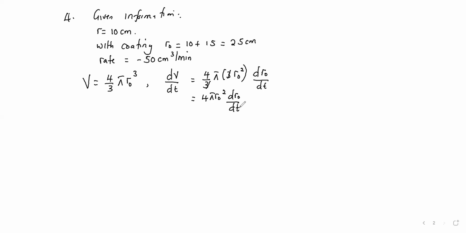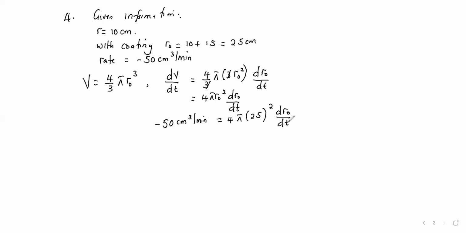Like that. But we are given the rate at which volume is changing. So volume is changing at negative 50 cubic centimeters per minute, which is equal to 4 pi when R naught is 25, that's 15 plus the initial of the iron ball. So that's 25 squared dR naught/dt, like that.